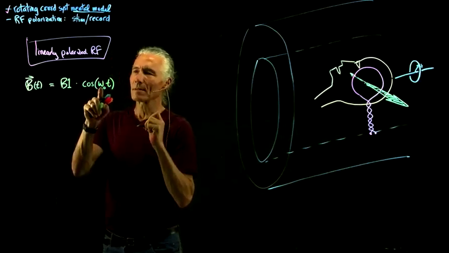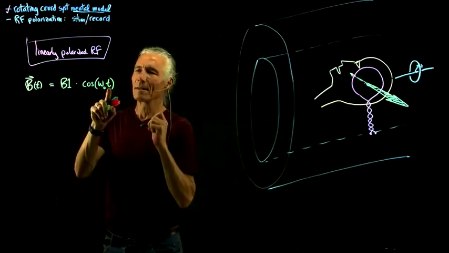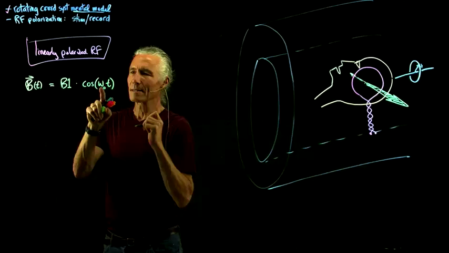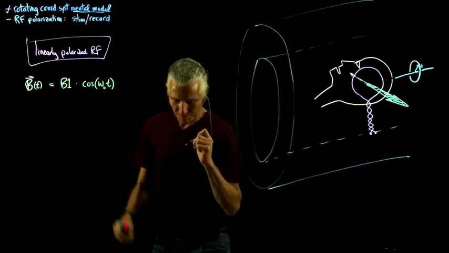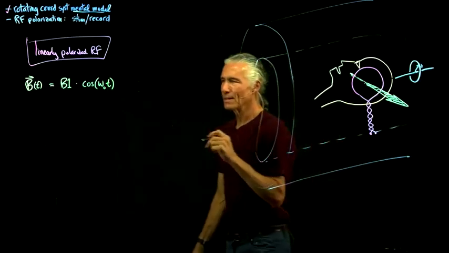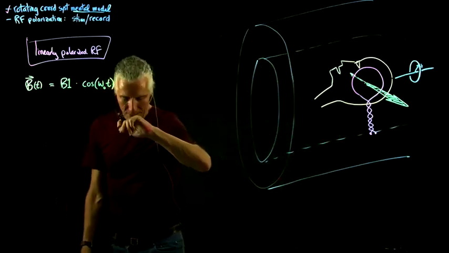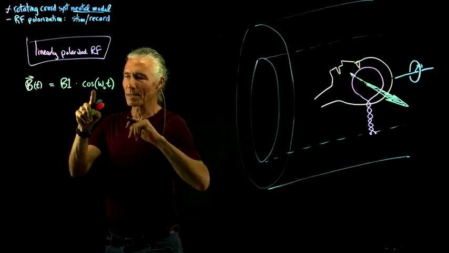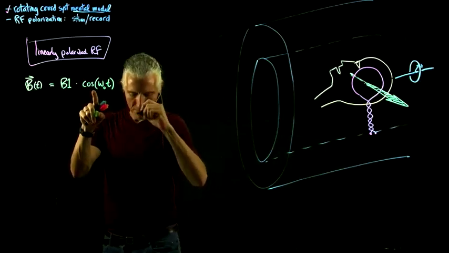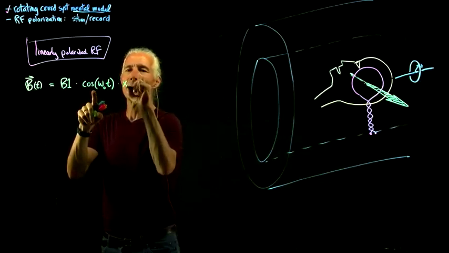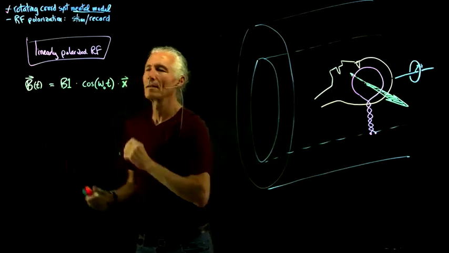So this is radians per second times seconds equals radians, and then we take the cosine of that, and that will give us an oscillating signal. That's still a number. This is just the amount. That's another number, not a vector, and then we multiply it by the x vector, or the i vector. We'll just put x here.